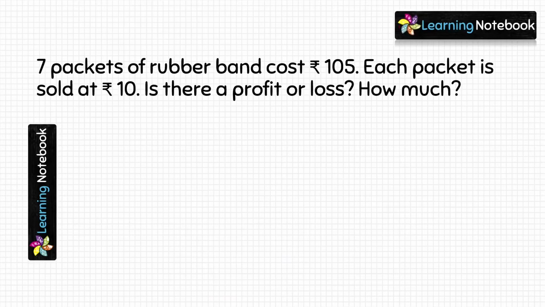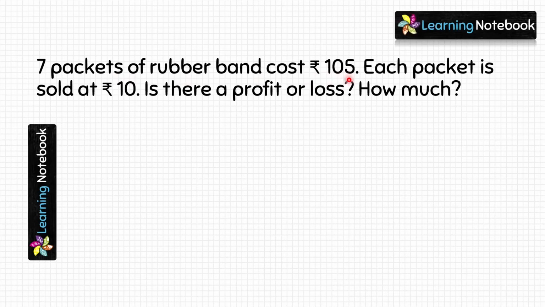Let's see the next question. 7 packets of rubber band cost rupees 105. Each packet is sold at rupees 10. Is there a profit or a loss, and how much? So students, in this question, we are given with the cost price of 7 packets, which is rupees 105.